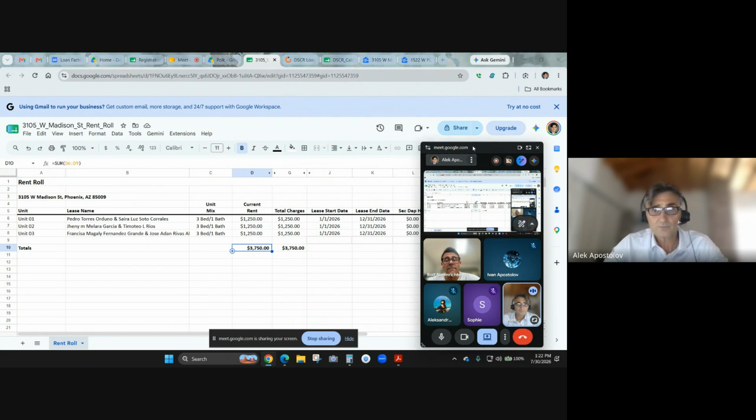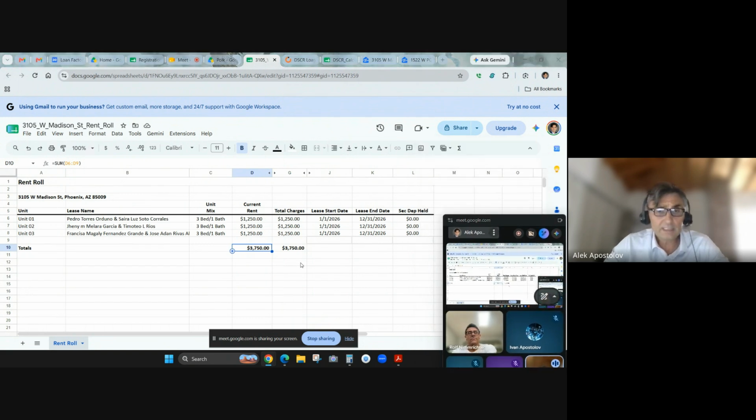But on the lending side, we do not analyze any other expense. Now, this is something that I really want to alert people to: don't only count on the lender giving you the green light, saying yes, you qualify for this property. It does not always mean it's a great deal.